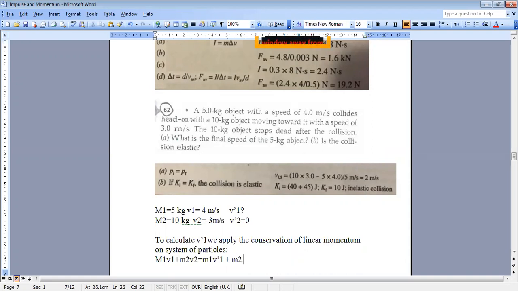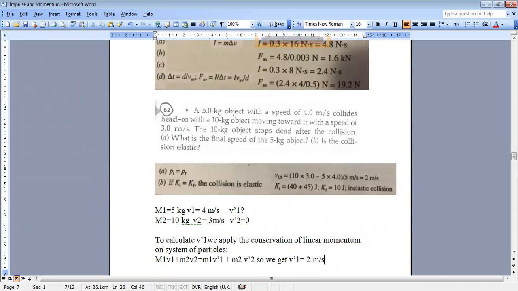So the only unknown in this equation is what? V prime 1. So we get V prime 1 equals 2 meters per second.